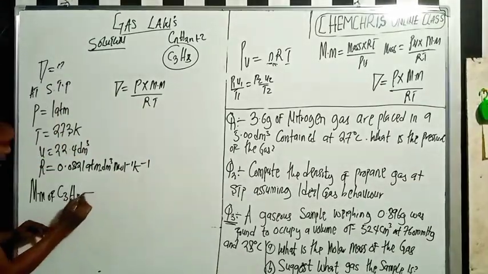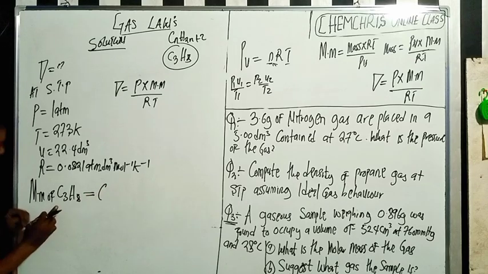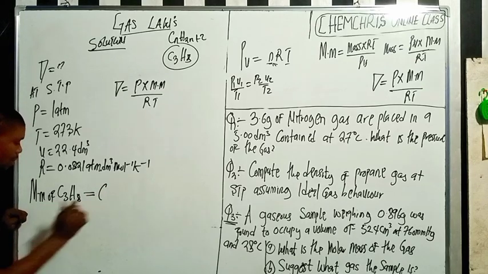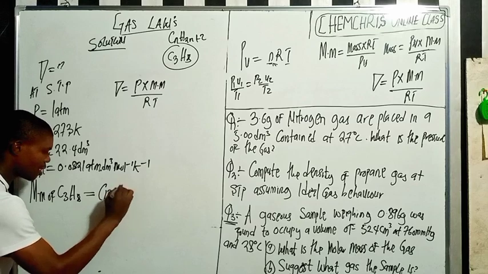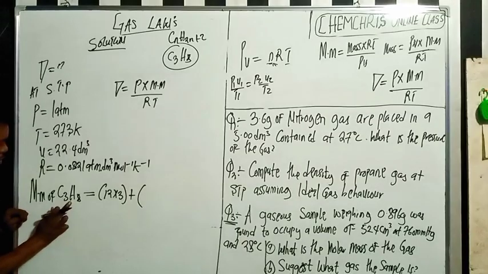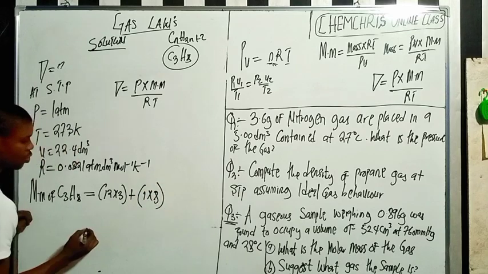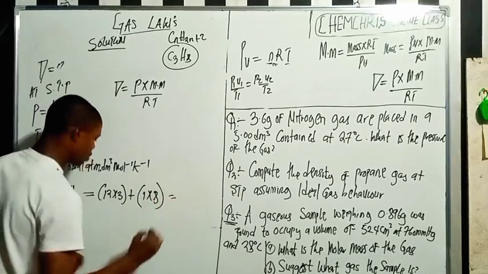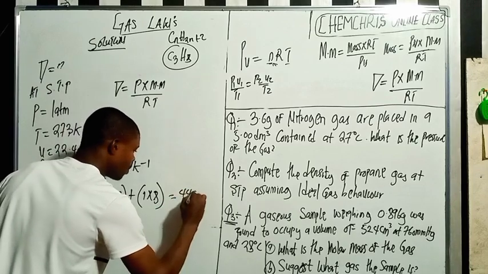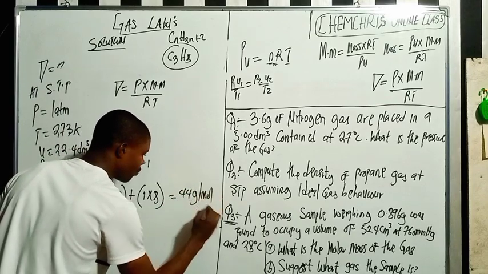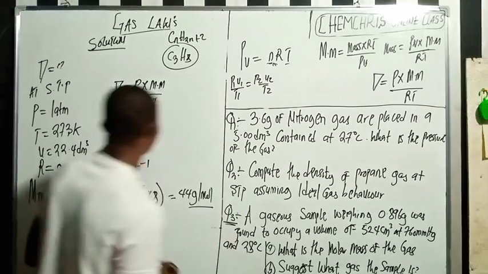The atomic mass of carbon is 12, 12 times 3, plus the atomic mass of hydrogen is 1, 1 times 8. So we have 44 gram per mole. Very important, 44 gram per mole.